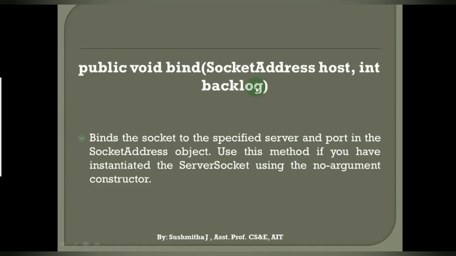So you can see here, if I have not specified it, then I would be using my bind, which is going to specify the server, the port number and the server address as well.